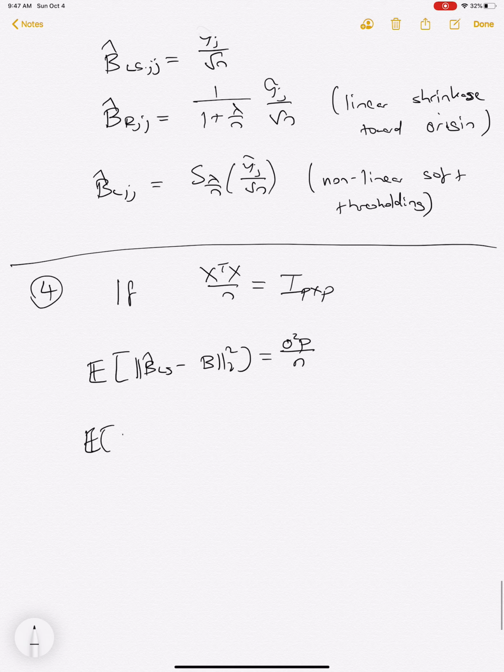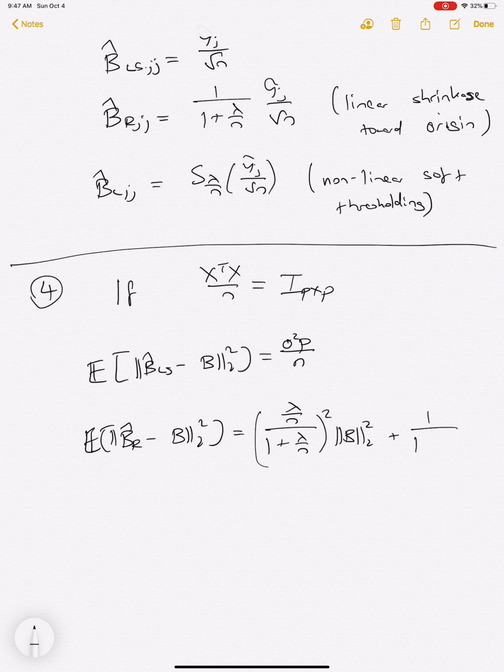For the ridge estimate we found we could get a closed form expression, where we get this bias here with the absolute value, but then we potentially reduce the variance, times p sigma squared over n. We can think of this as the bias squared, and this is the variance.